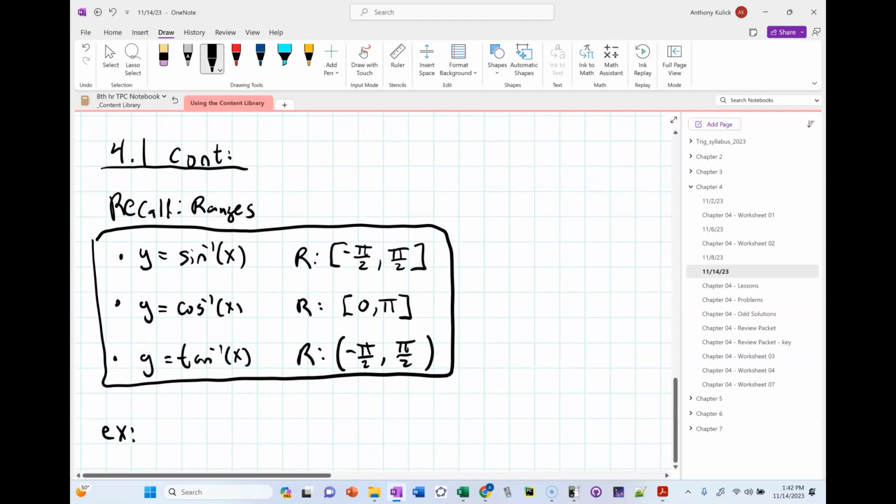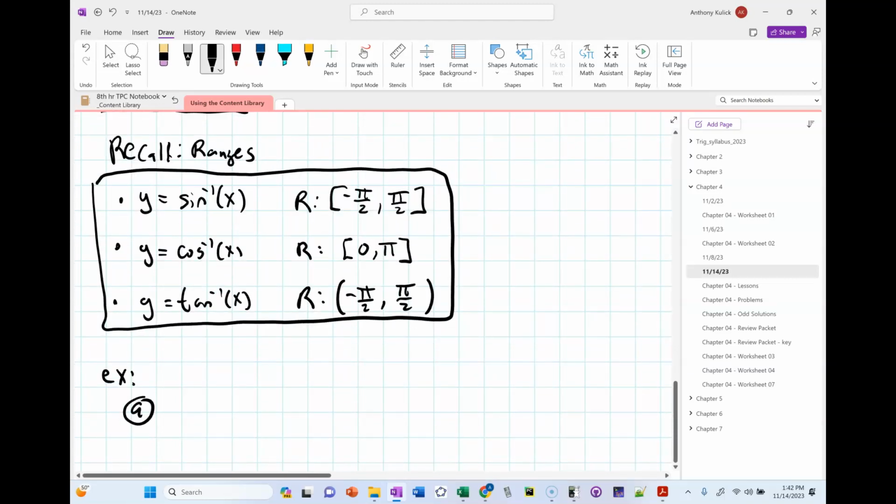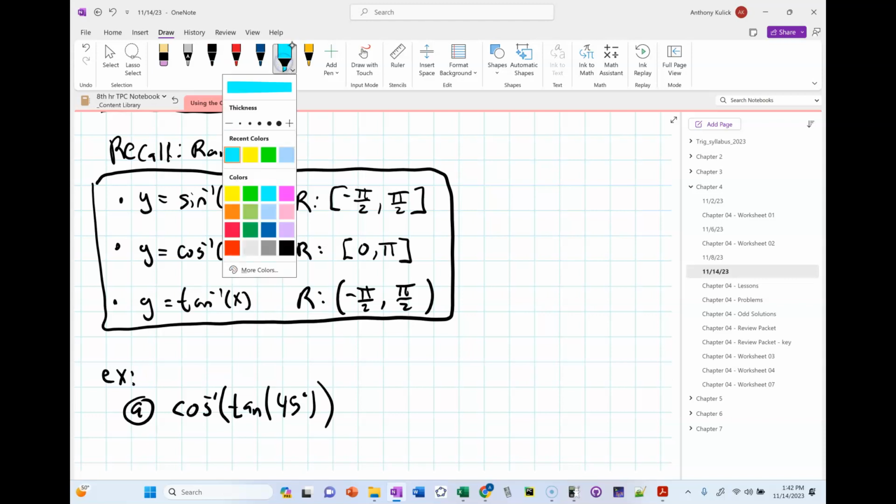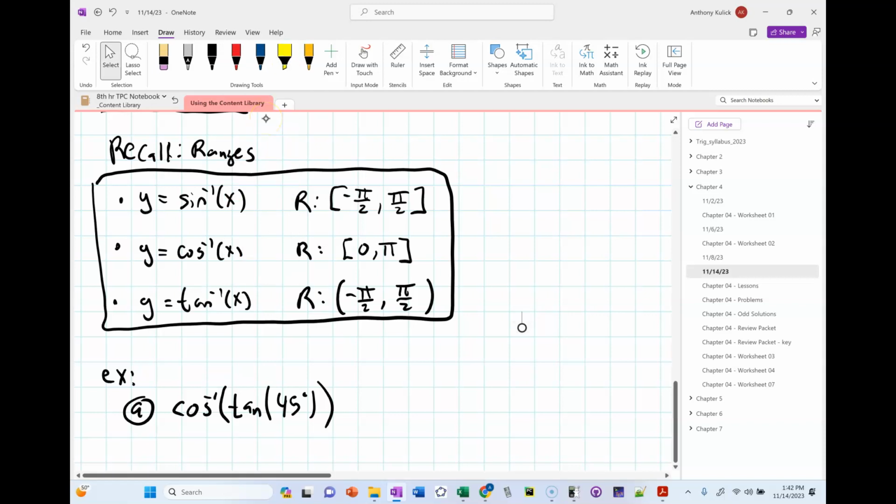So let's look at a couple of examples here. Let's say we would do cosine inverse of tangent of 45 degrees. So like in most math situations, I'm going to start with the inside out, right?